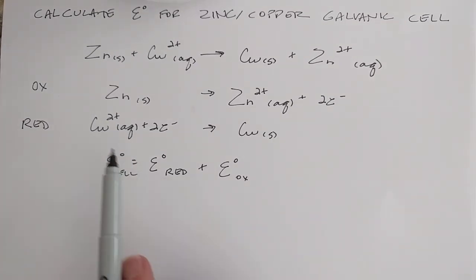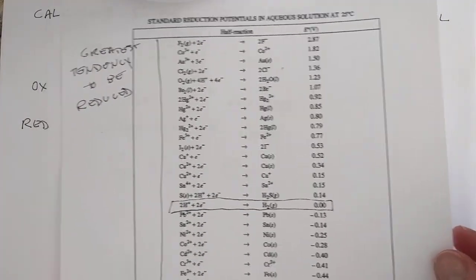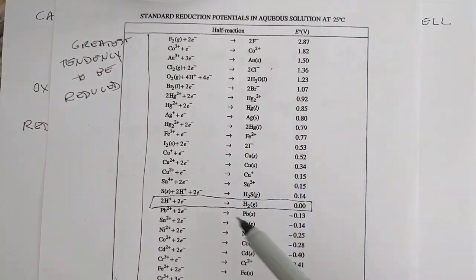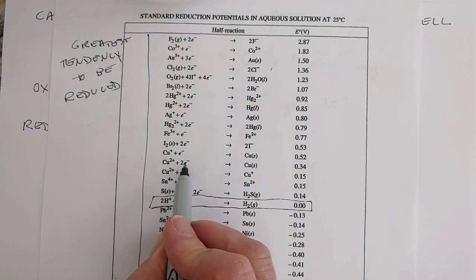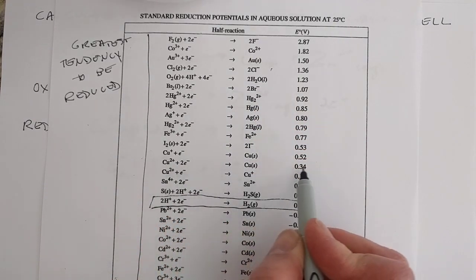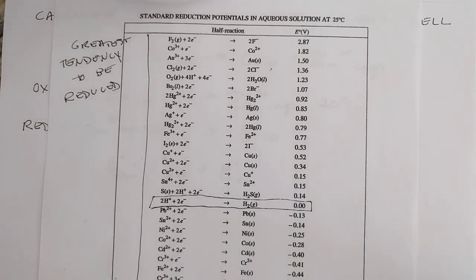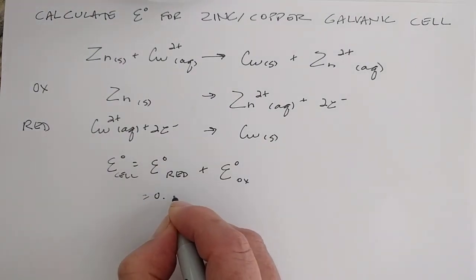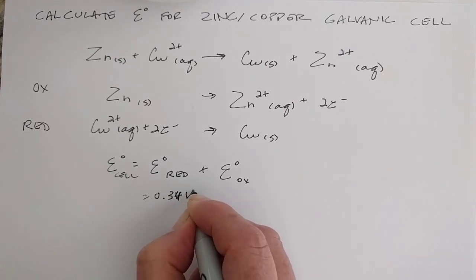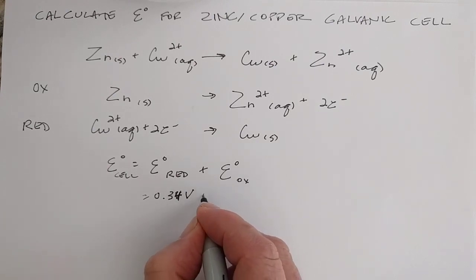All right, so the reduction is the copper ion. So we go to our chart and we find that half reaction. The Cu, here it is, Cu2+ plus 2 electrons goes to Cu solid, and our E0 value is positive 0.34. Okay, so this value is 0.34 volts, I wrote V, so 0.34 volts.